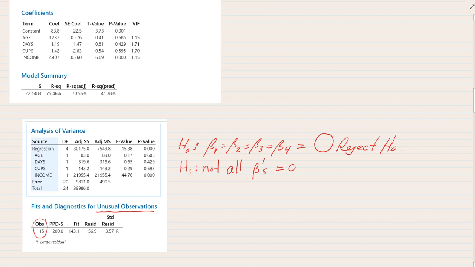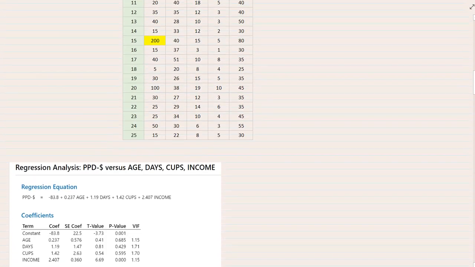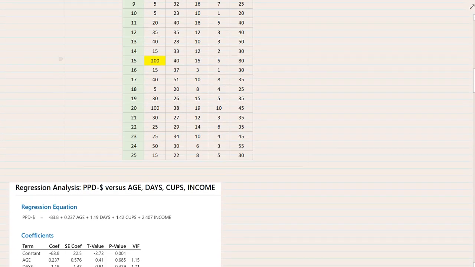That's what we're looking at. It found one unusual observation. Remember that $200 prepaid card? The fit means the predicted value here, the predicted value with those conditions. This one, observation 15, is an individual with these characteristics.